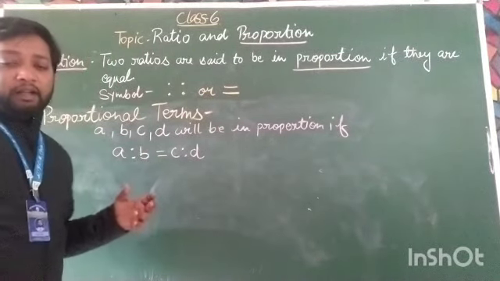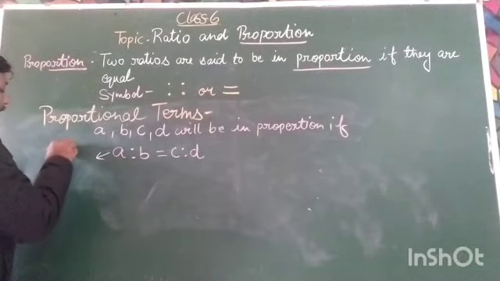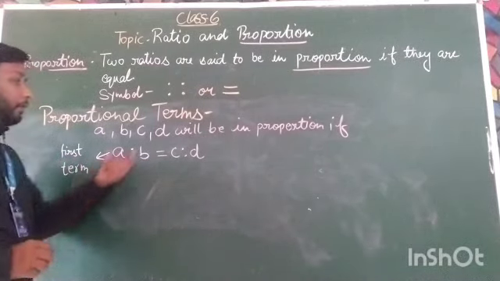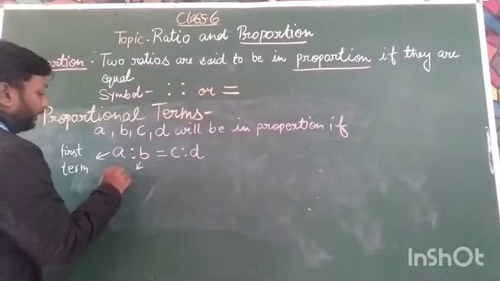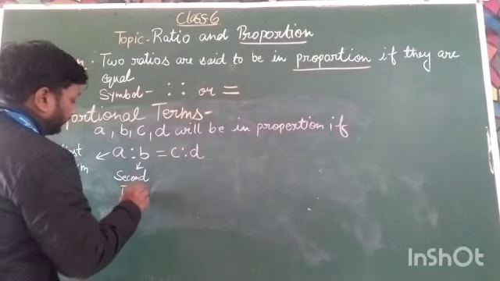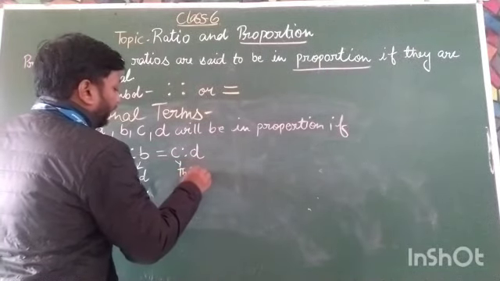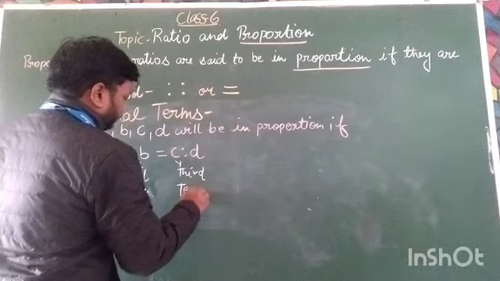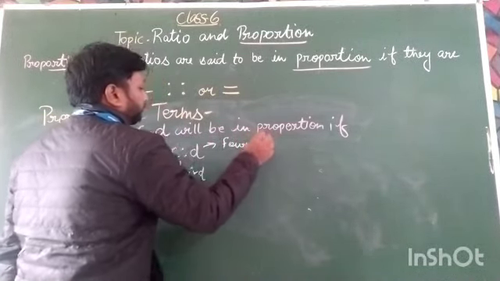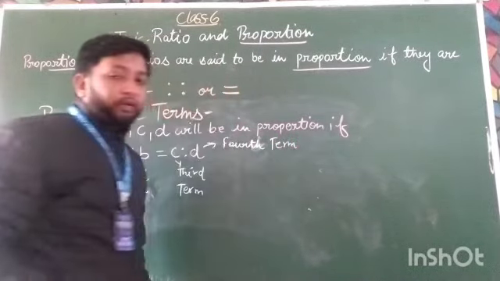For proportionality, this is our first term. This is the first term of proportionality, this is the second term, this is the third term, and this is the fourth term of the proportionality.